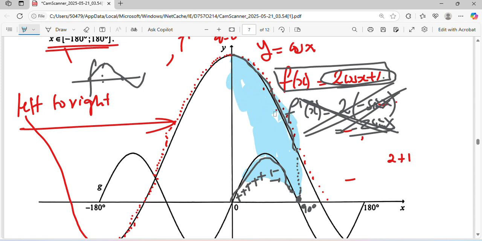Everything here, the condition is going to be satisfied. Can you see this region that I'm shading in blue? This one is going down, it's decreasing, and this one is above the x-axis, so it's positive. So from 0 to 90 degrees.